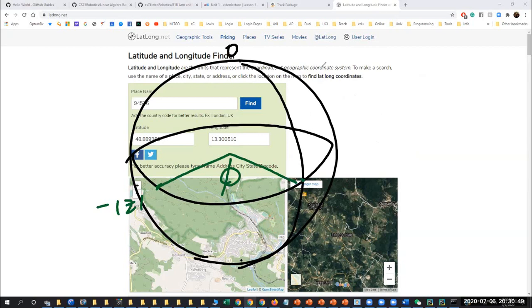And your latitude is from here to here, from the center of Earth. There's a theta. So your location is given by this theta and phi. Phi is longitude, theta is latitude. Is that okay so far? Amber, is that okay?